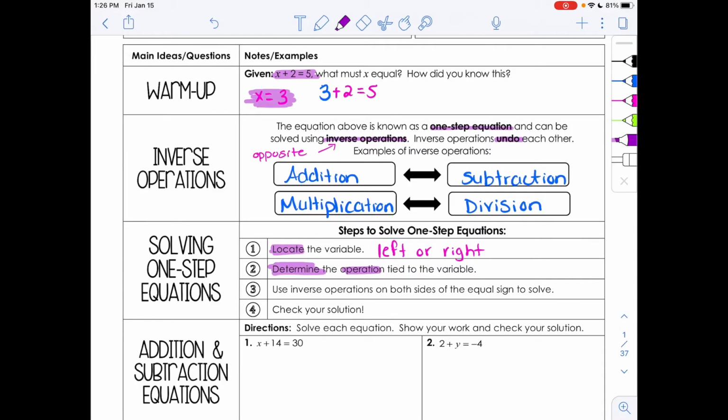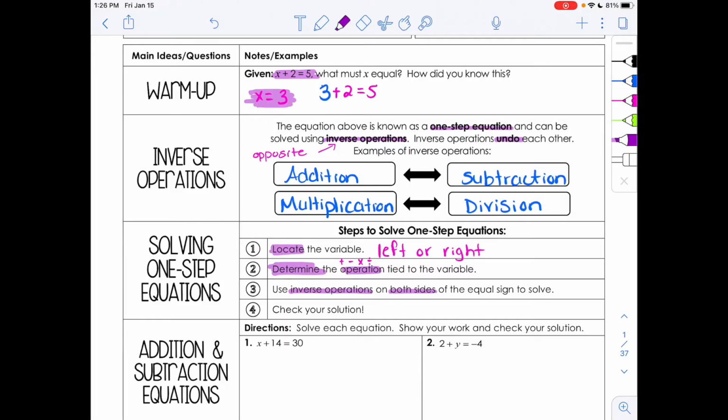So remember, when we talk about operations, that's going to be addition, subtraction, multiplication, or division. Then, step 3, you want to do the inverse operation on both sides of the equal sign in order to solve it. So in step 2, you've determined the operation. Step 3, you do that inverse. So in step 2, if you determine the operation as addition, step 3, you would do subtraction.